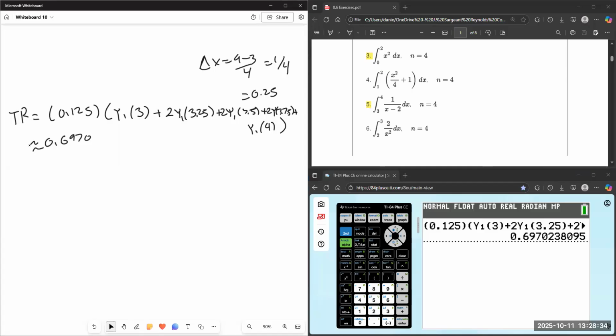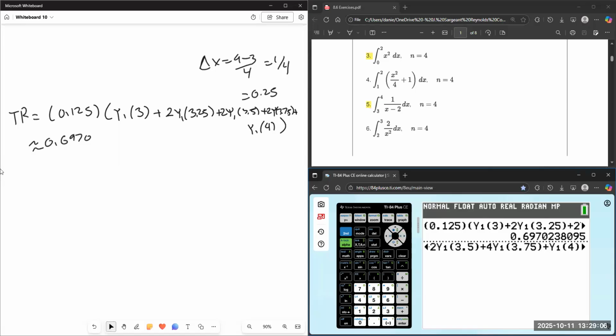And then with Simpson's rule, we come back and make an adjustment for the multiplier: 1/3 of a 4th is a 12th. So 1 divided by 12. And then we change this to a 4 and change that to a 4.